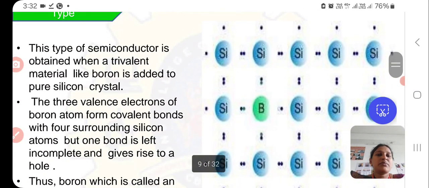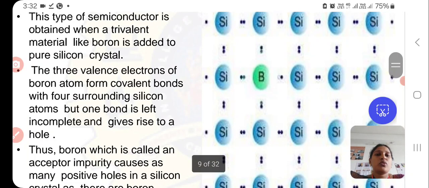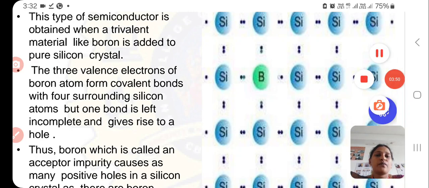And the P-type material used for the LED is obtained from a trivalent material like boron, which is added to a pure silicon crystal. Boron has 3 valence electrons, which form covalent bonds with 4 surrounding silicon atoms, but one bond is left incomplete and gives rise to a hole.